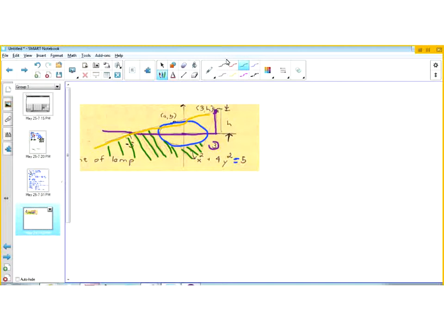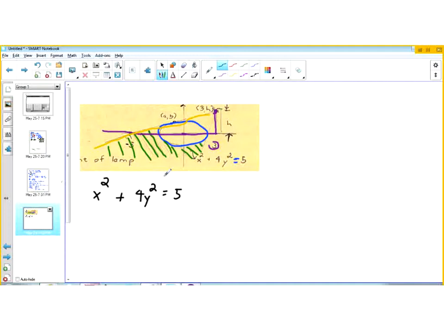Okay, so here's how we can solve it. It's an implicit differentiation problem. So we have the equation of the ellipse, which is x squared plus 4y squared is equal to 5.